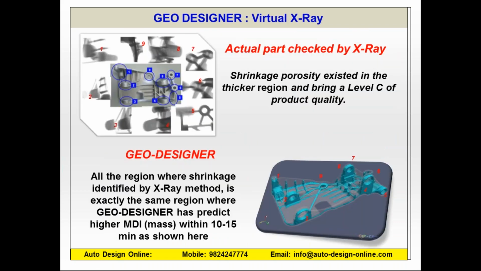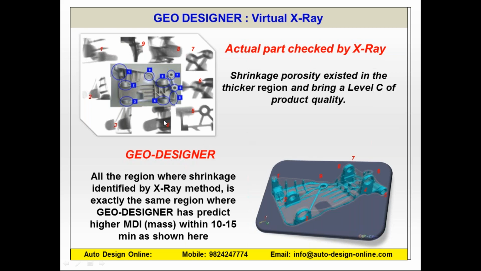It could be, as I said, as good as your virtual X-ray method. What you see here is that the left side image on the top shows the actual casting part and the X-ray result. The locations 1 to 9 are the actual locations where this casting part was taken in the foundry trial, and where shrinkage was found using X-ray.